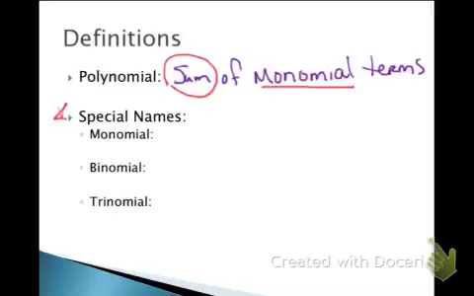What I'd like to draw your attention to is down here, there are three types of polynomials that have special names. The first of which is a monomial. A monomial is defined to be a single term. What that means is that single term can have just one letter, x, which is considered a monomial.